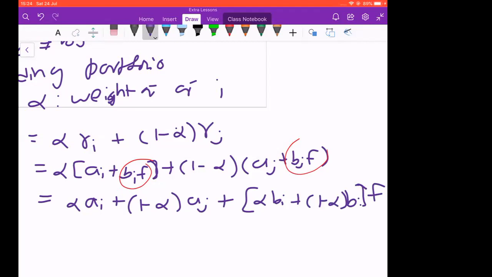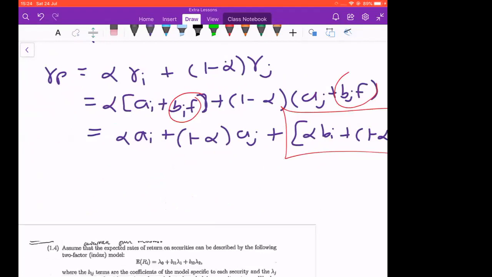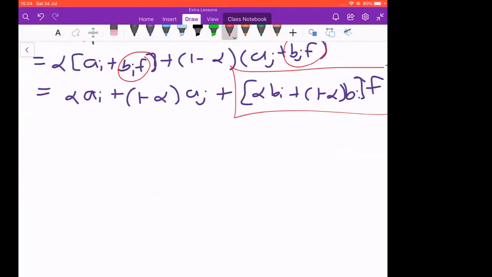So basically this is how you can write it down. So if the factor has no factor loading, right? So if let's say maybe your beta is going to be equal to 0, this thing you can basically call your A plus your B times your F, right?